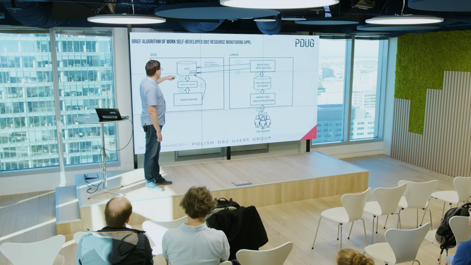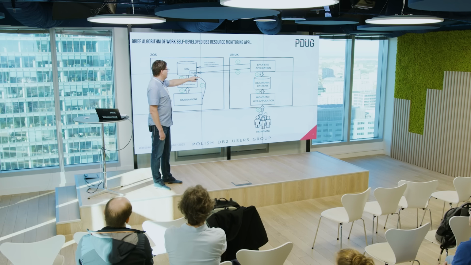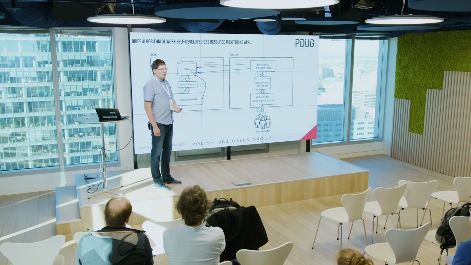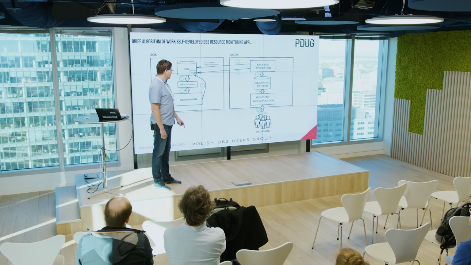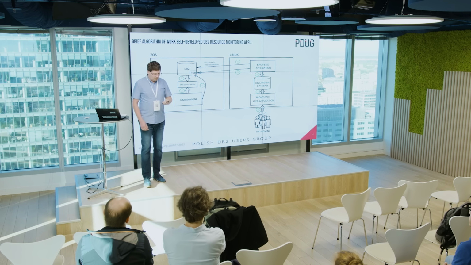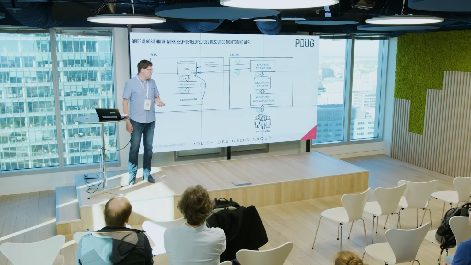All this information is processed by the backend application and written to the DB2 archive database. Then on the next day, DB2 administrators come to work and have the possibility to build charts. That's briefly how the homegrown monitoring works.